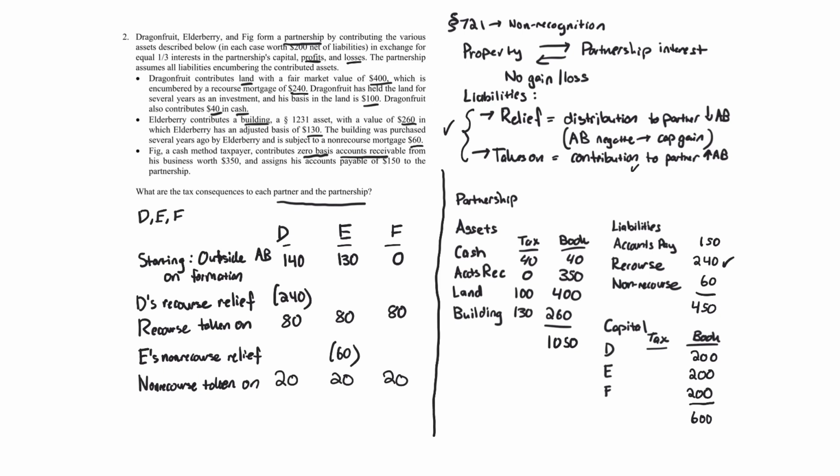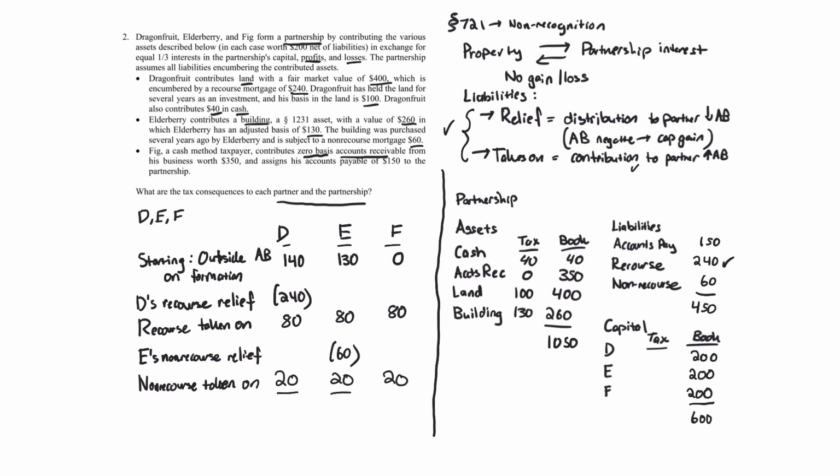So we have $350 of accounts receivable here, and we've got $150 of accounts payable. So if we net them together, we get $200 of accounts receivable. We're allowed to do this in the tax law with respect to this item, and because we have positive accounts, we don't have a liability when we net the two, we don't have to put in the $150 of accounts payable. Therefore, we don't put in any accounts payable.